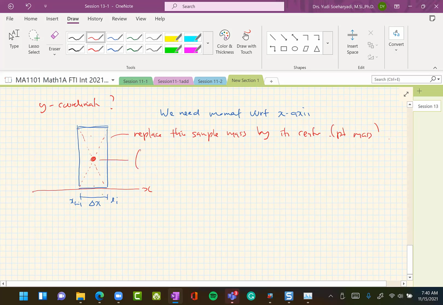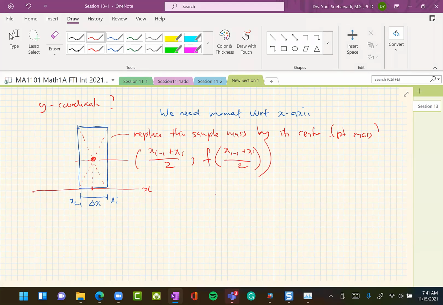The x-coordinate is the average of the two endpoints, and y is also the average, f of this point. That's the coordinate of the center.